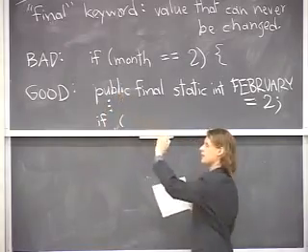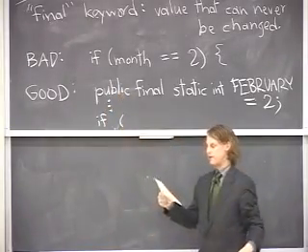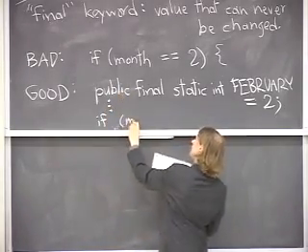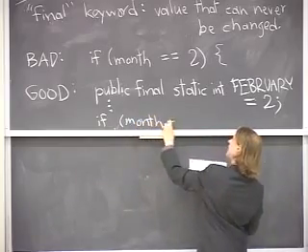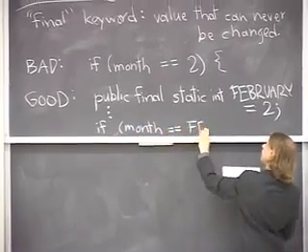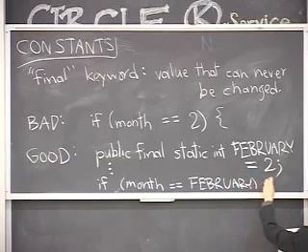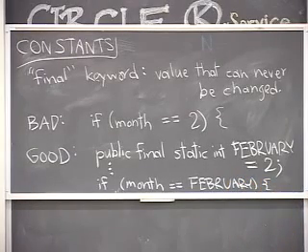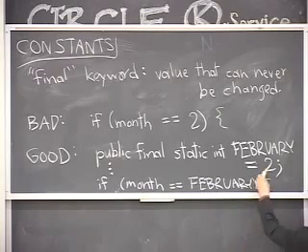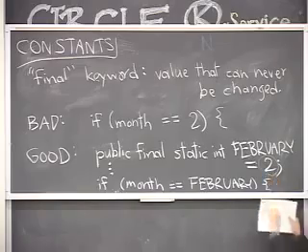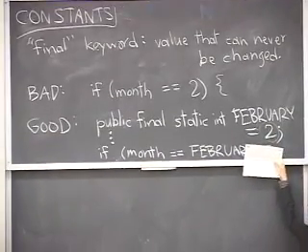So this is at the top of your class. This is inside some method way further down. The right thing to do is say if month equals FEBRUARY, then do something. If you ever decide that February needs to be 1 instead of 2, you only have to change your code in one place instead of hundreds of different places.